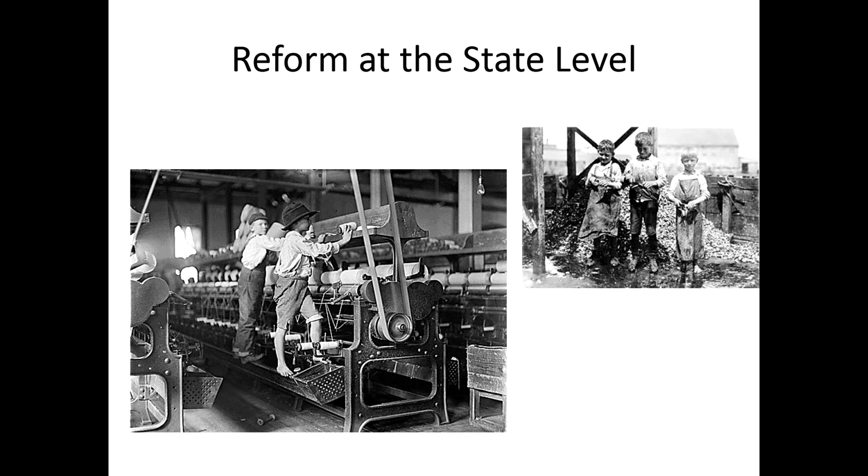And lots of children had to work because their family needed the money. But as the amount of children in labor environments increased, progressive reformers worked to protect the children and to eliminate child labor altogether. So this is where we will begin to see child labor laws develop.